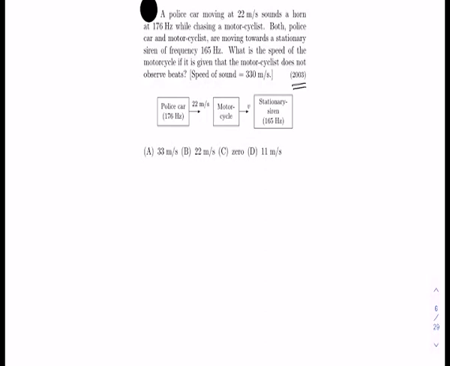Alright, so we have to basically consider this motorcyclist as the observer here. Let me write here, this is our observer, and we have two sources. Now this is the police car, this is source number 1, S1.